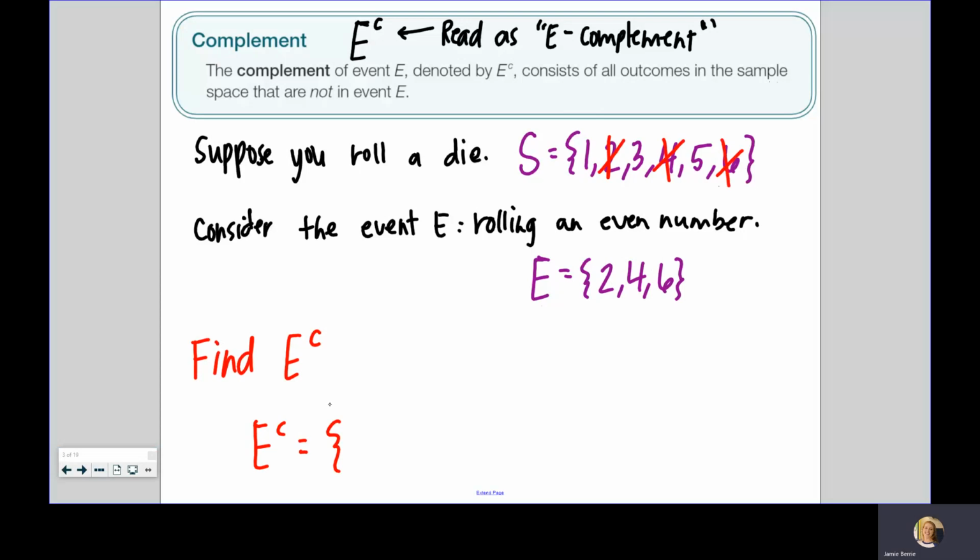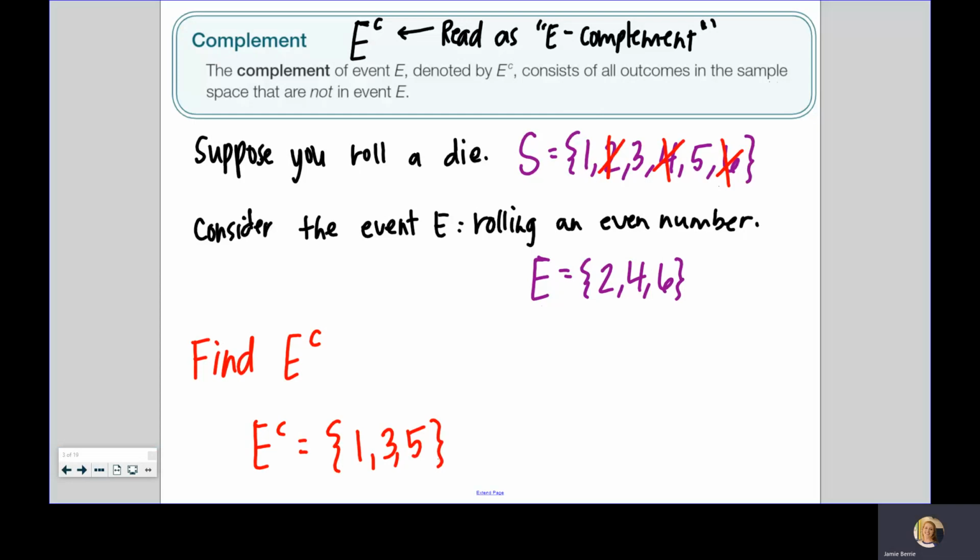So 1, 3, and 5. There you go. That's how you find the complement. Very easy. It's sort of like the opposite of that event.